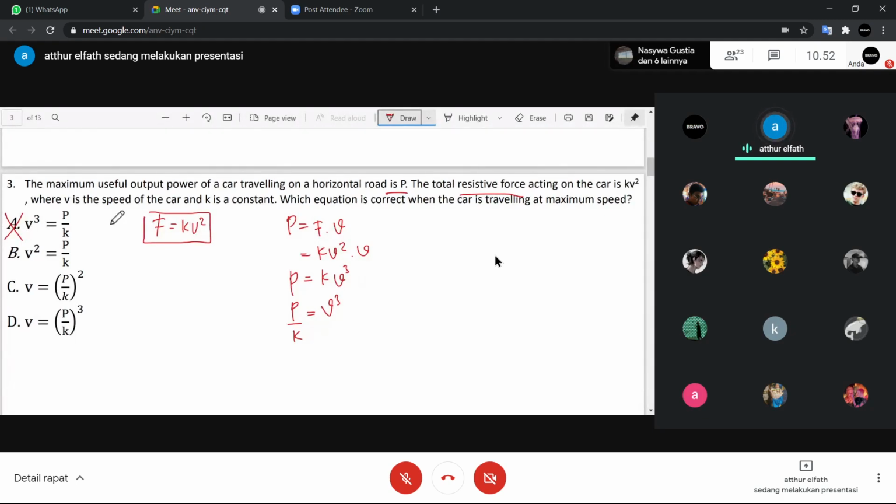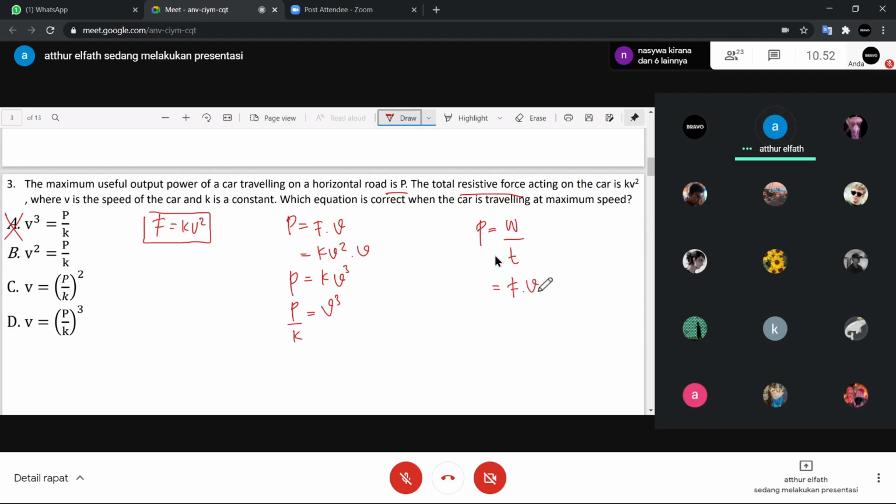Basically there are many equations of power. I told you, firstly, power can be defined as work per unit time, and then you can derive this equation and obtain the other formula of power.